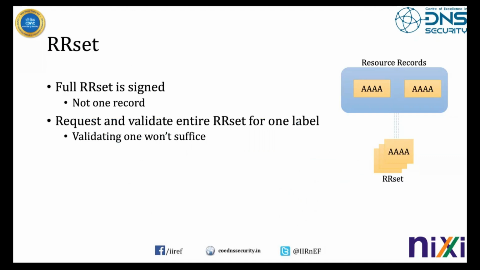Individual A records are not signed. All the A records corresponding to one label are signed together, for example www.microsoft.com. And even the verification of the signature will happen on the entire RR set. So this is important: the DNSSEC signature is applied on one resource record set, not on an individual A record or AAAA record.